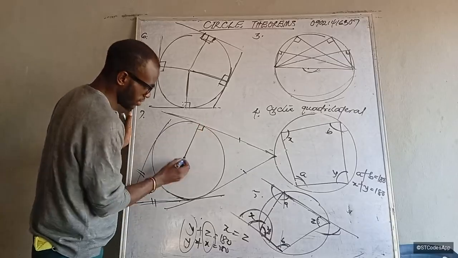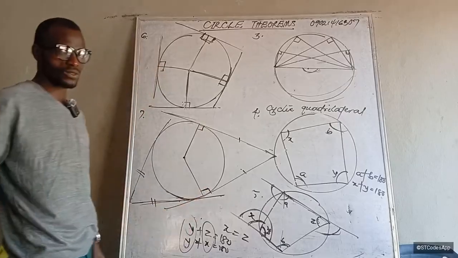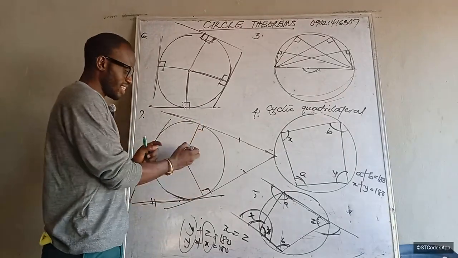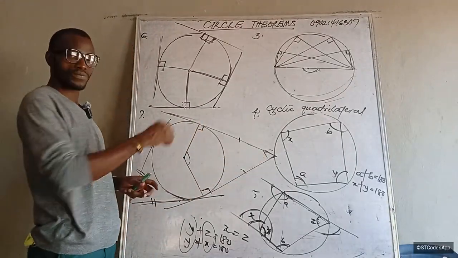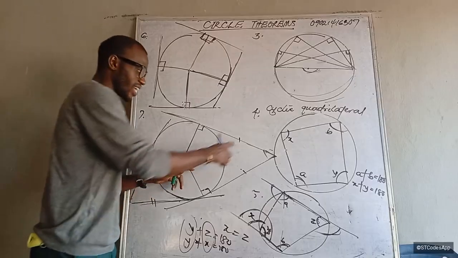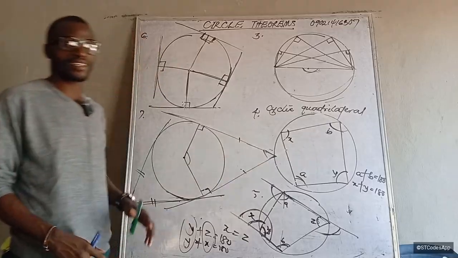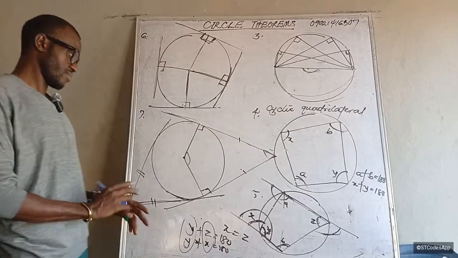You know this is 90 degrees. Perpendicular bisector, 90 degrees. What do you see is working here? 180 degrees. Do you see that? Then again, perpendicular bisector, 180 degrees. Do you understand? Cyclic quadrilateral. This one is external now. Exactly. All right.